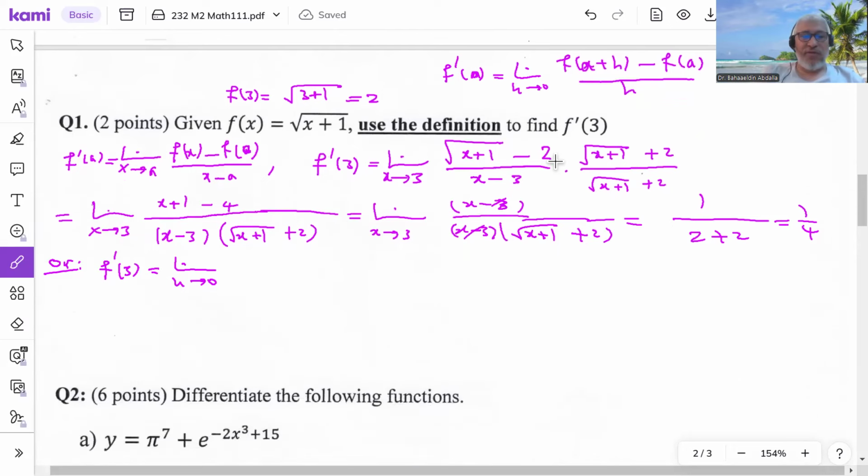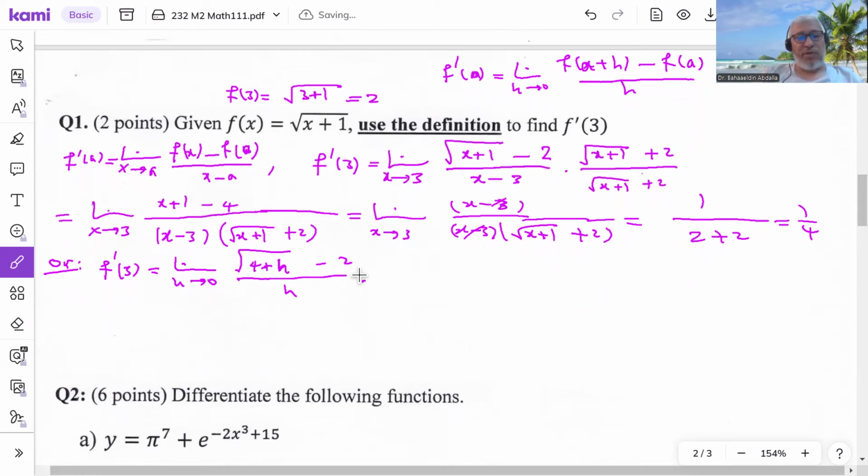How to find f of 3 plus h? You go here, I have f of x, and I replace x by 3 plus h. So I'll have square root of 3 plus h plus 1. That would be square root of 4 plus h, minus f of 3, which is, as we found here, 2, over h.